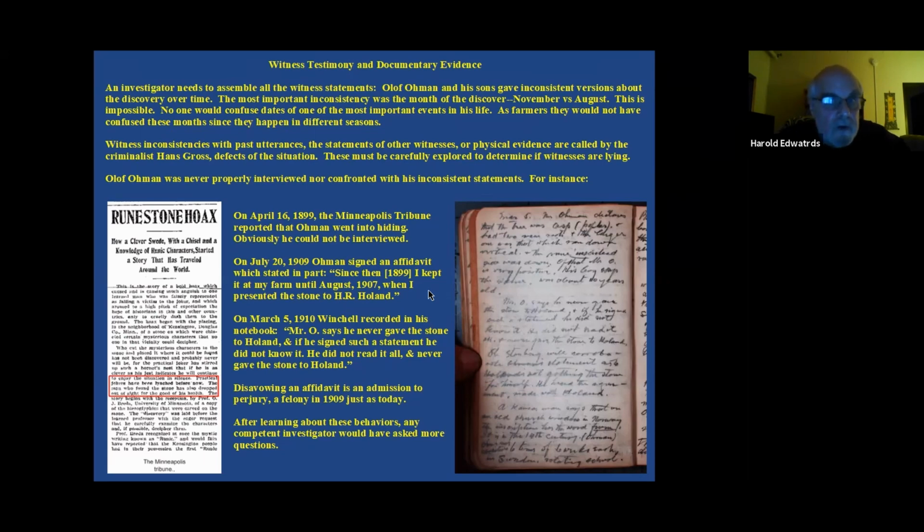It's a requirement under the law that he takes the oath of the signer. The notary is an official of the state who can administer oaths. And that's why if you lie in signing an affidavit, you've committed the crime of perjury. Disavowing an affidavit is an admission to committing perjury. Now that's not the point I want to make about this.